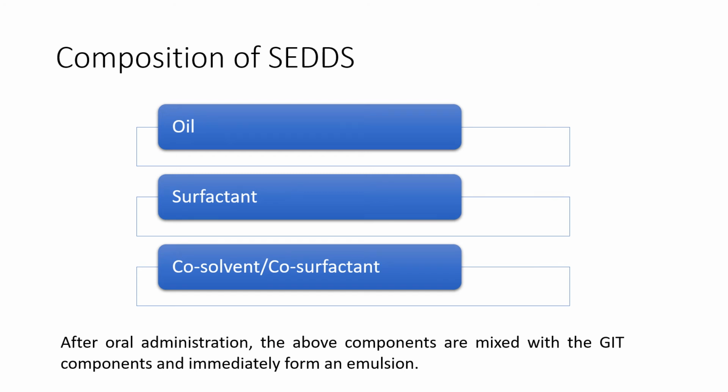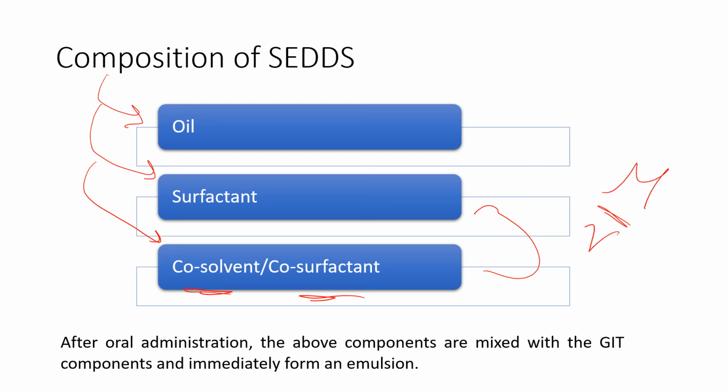Again, the system has no water. It is formed of oil, surfactant, co-solvent or co-surfactant, something to help the system to form an emulsion without stirring, because the emulsion will be formed inside the body, and something will make it also a micro emulsion or nano emulsion. So after oral administration, the above components are mixed with the GIT component, with the gastric fluid, and form an emulsion inside our body.